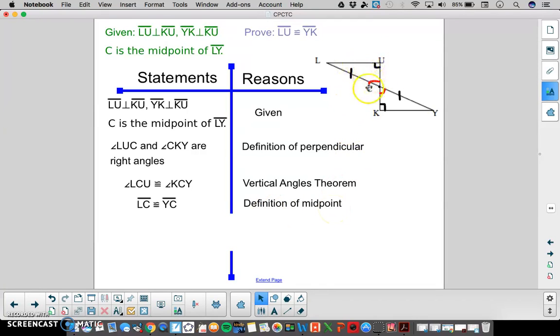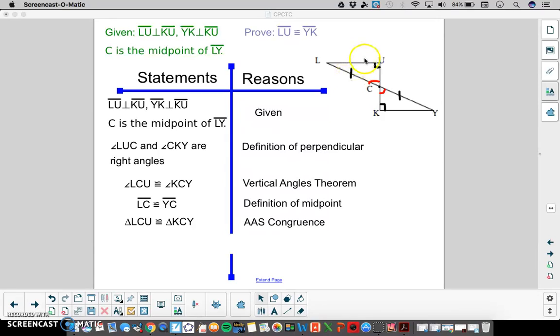Now look at the sets of triangles. We have an angle, and then a side that's not between them. That's congruent to an angle, and a side that's not between them. So we could prove these triangles congruent by angle, angle, side. It's worth noting also that because we have those right angles, we could also use HA congruence for this set of triangles.